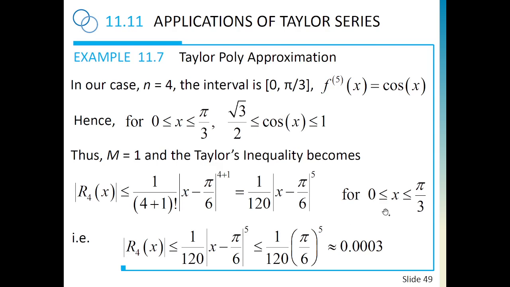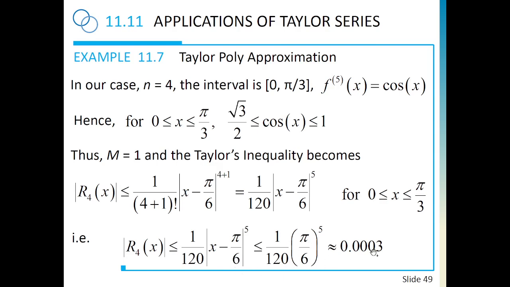How? Well, we see values of x vary from 0 to pi over 3, so we try to compute a couple of values to see what's happening here. We saw that all the values of x minus pi over 6 are smaller than pi over 6.